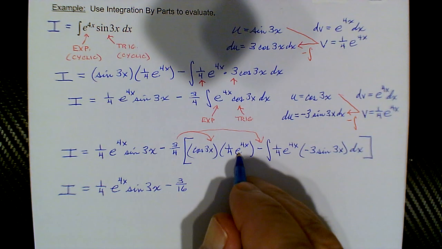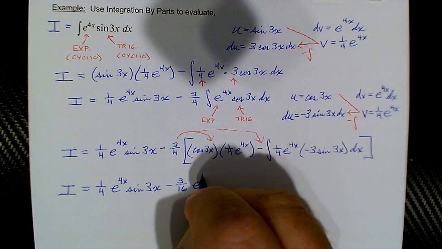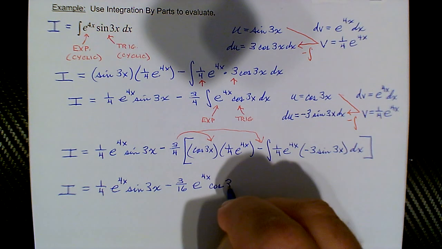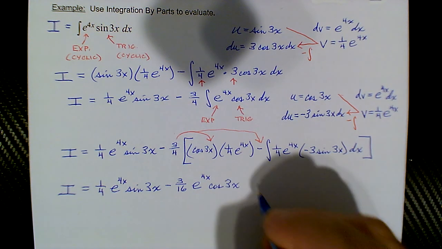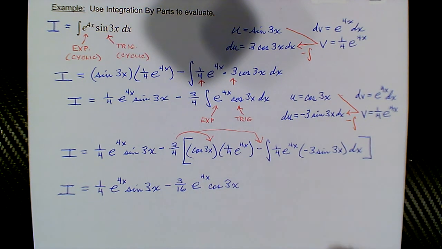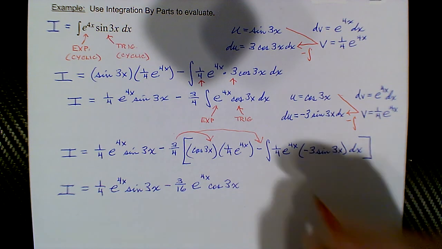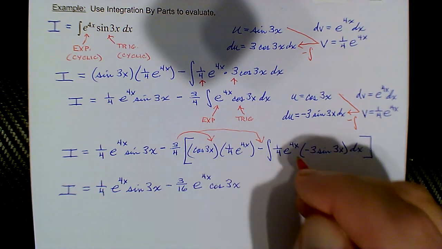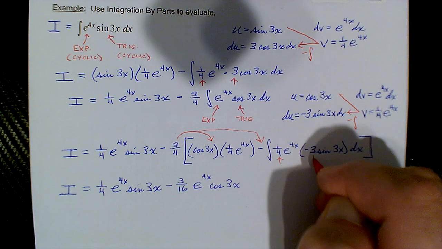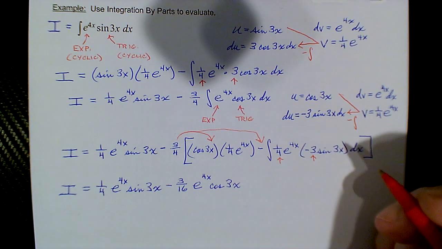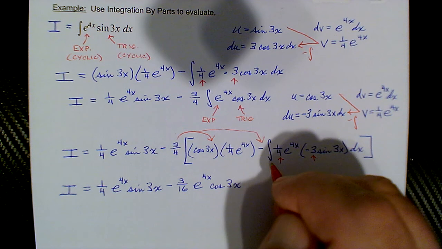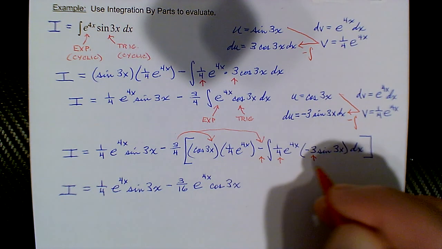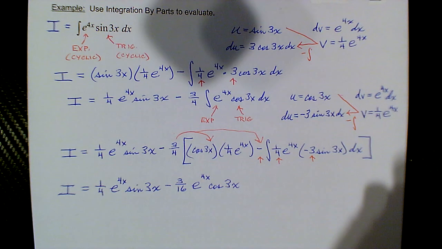Okay, so now what's happened is what we expected to happen. After two applications of the integration by parts formula, this original integral came back to us, just modified by this coefficient of negative 9/16 in this case. Alright, so what we're going to do, and this is the reason why I called it I, is solve for this integral. So I'm going to replace that by I, because that's what we called it.